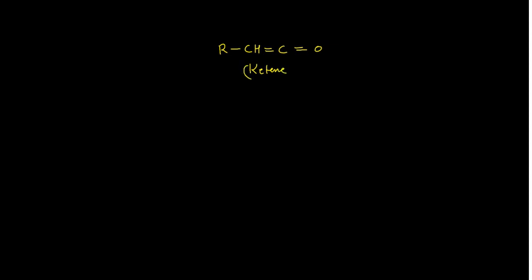That ketene may react with water. If it reacts with water, it will produce acid. It may also react with ammonia. When it reacts with ammonia, it will produce amide, and it may also react with, say, alcohol.